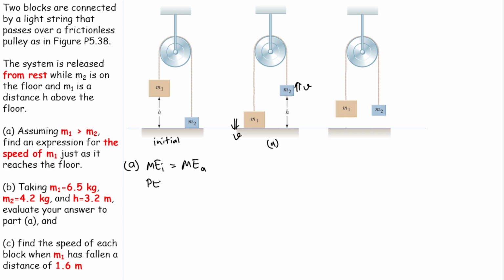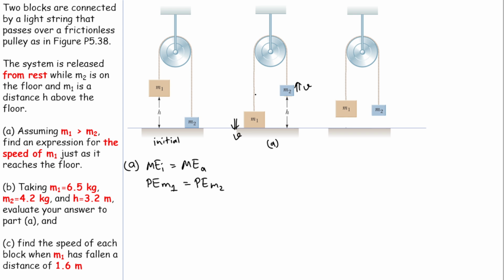We don't have any kinetic energy here, and we don't have any potential energy of M2, because we use the ground as our reference. Then in condition A, we have the potential energy of M2.